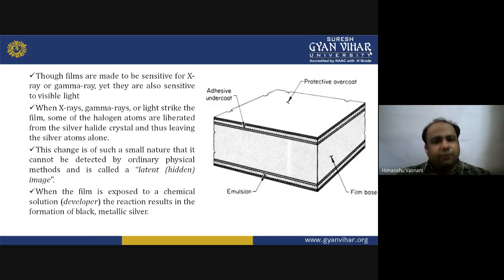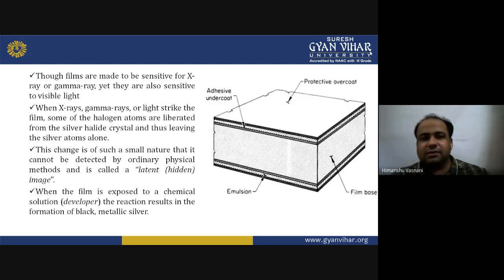Okay. Though films are made to be sensitive to X-rays or gamma rays, yet they are also sensitive to visible light. So when X-rays, gamma rays or light strike the film, some of the halogen atoms are liberated from the silver halide crystal, leaving the silver atoms alone.